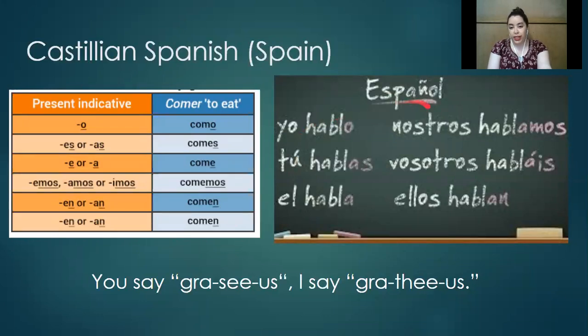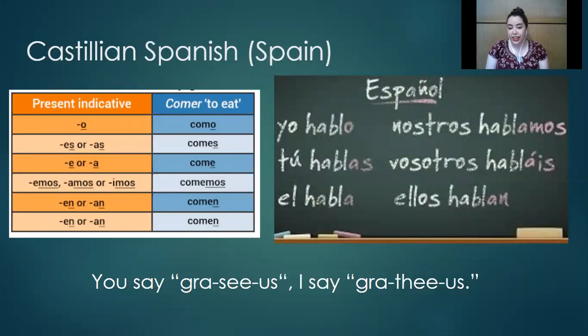So in Spain, they have a different form of kind of an informal y'all. It's this vosotros. So I speak, you speak, he, she, or it speaks, we speak, y'all speak, and they speak. And also, some other Spanish speakers might say that Spaniards kind of sound like they have a lisp sometimes.